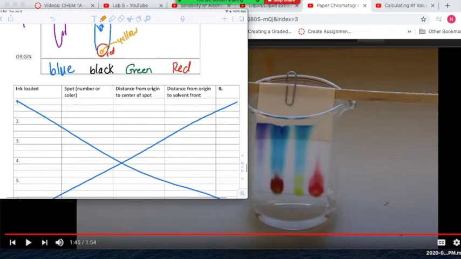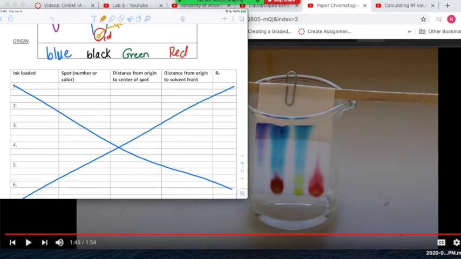Okay, so I'm not going to make you calculate the RF values, but I do want to show you how you would calculate these. Those of you going on to organic, this is going to be really important and you're going to do it frequently. And these RF values that you calculate are known values that you can look up.